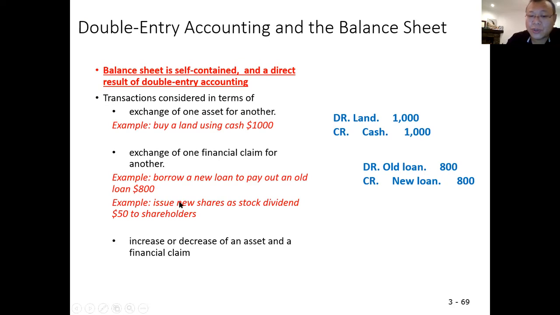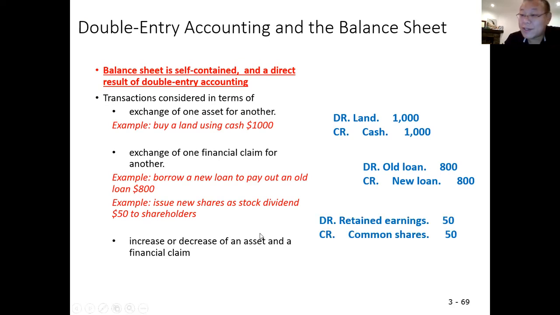You issue new shares as a stock dividend, $50 to shareholder. So the dividend, right? That comes from the retained earnings. So you debit the retained earnings, 50. You credit common shares.